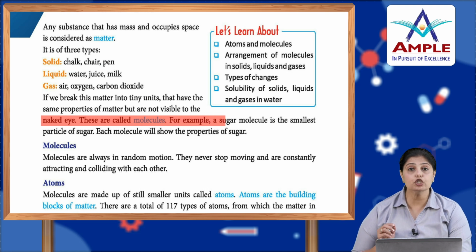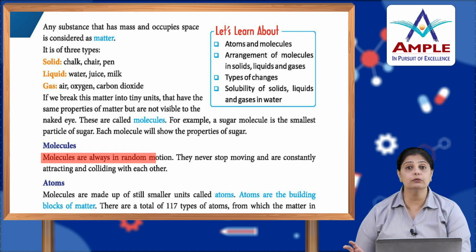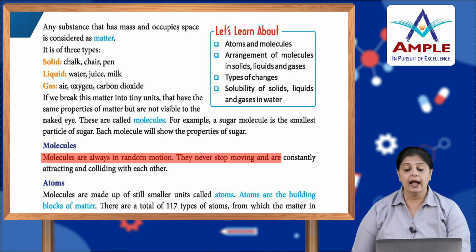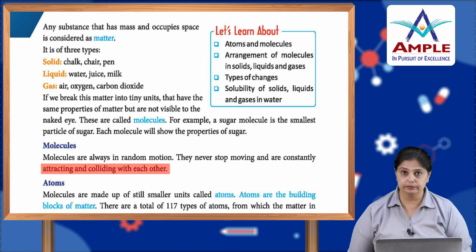For example, a sugar molecule is the smallest particle of sugar. Each molecule will show the properties of sugar. Molecules are always in random motion. They are very minute, we cannot see them with our naked eyes. They never stop moving and they are constantly attracting and colliding with each other.